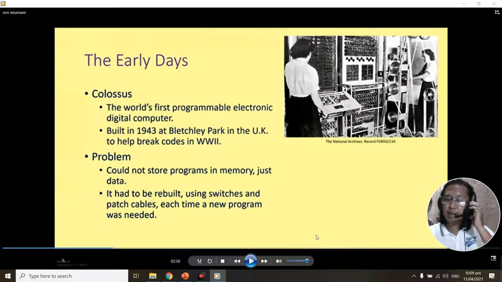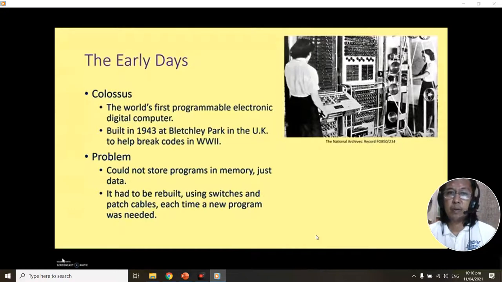Okay, I'll pause it there. So that's the main reason why von Neumann came up with the von Neumann machine architecture, because of this problem. So early computers cannot save programs in the memory. They can only save data.